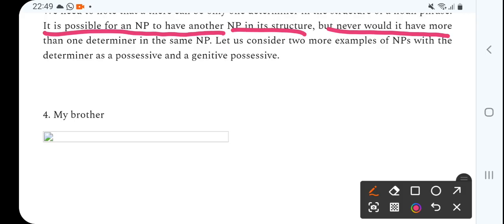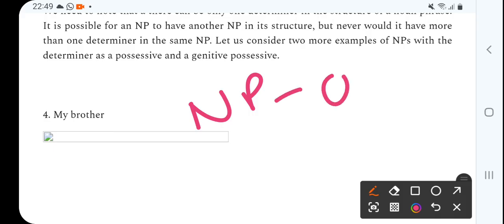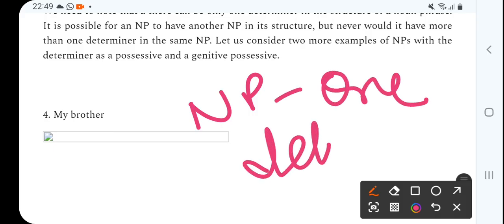Means you just have to remember that in a noun phrase there is only one determiner.